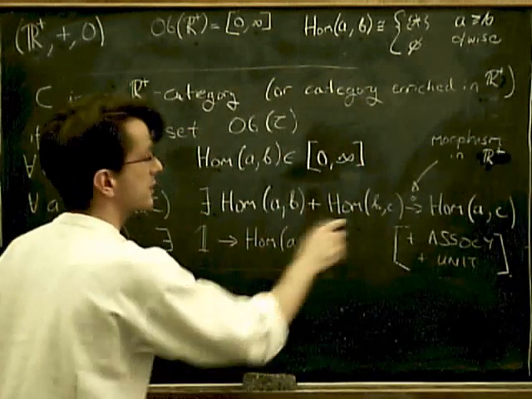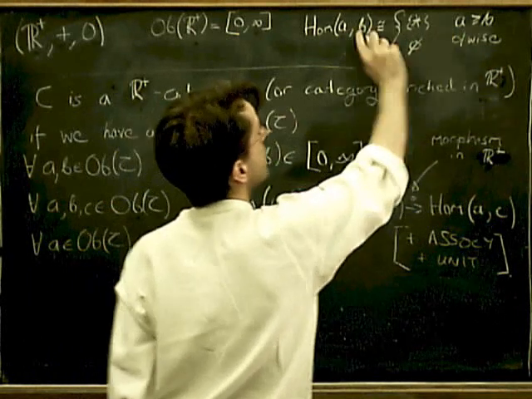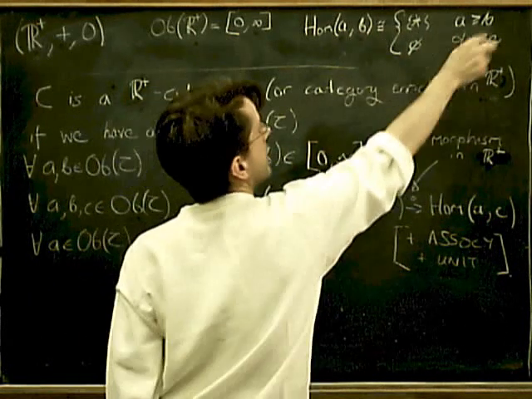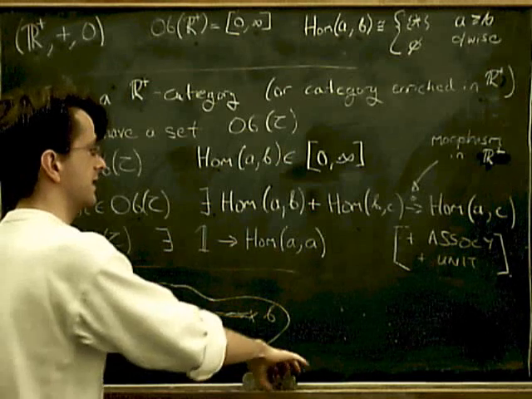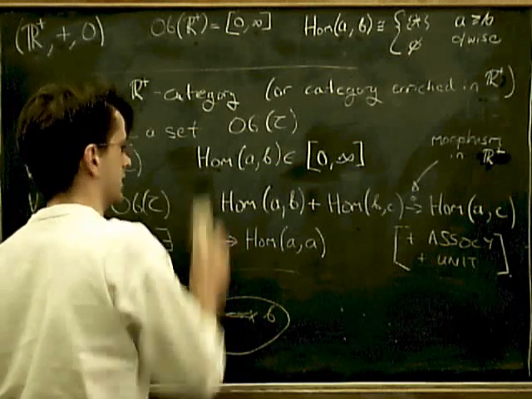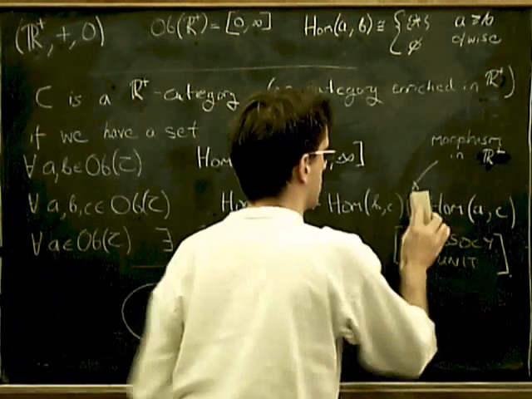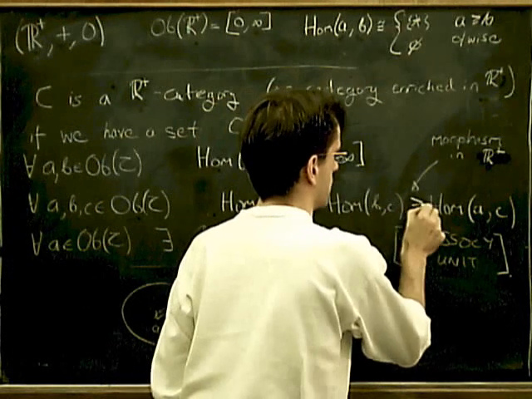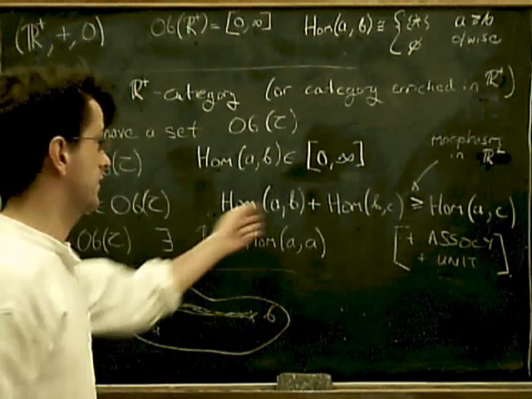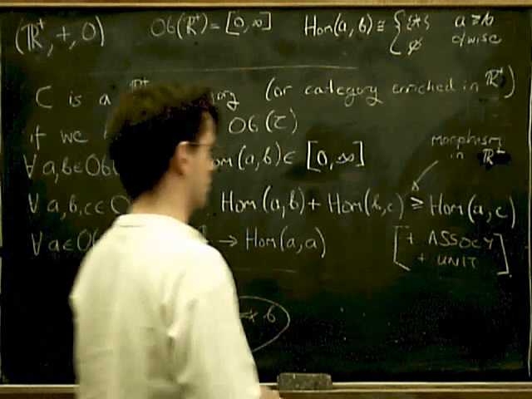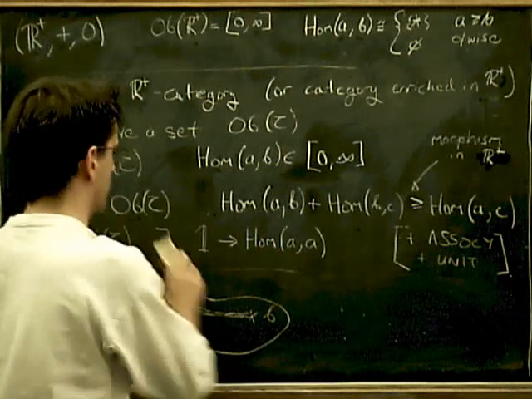To say there exists a morphism, remember, is precisely to say that the thing on the left is bigger than or equal to the thing on the right. So instantly you see the triangle inequality cropping up.